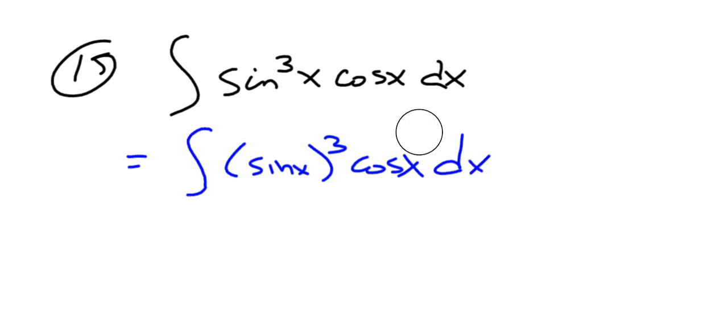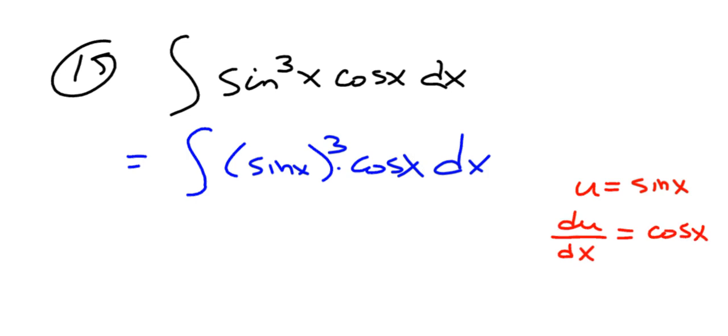Sine x is my inside function, the power function of 3 is the outside function, and it's being multiplied by the derivative of the inside, that chain rule dx. To make this easier to find the antiderivative, I let u equal the inside function sine x.